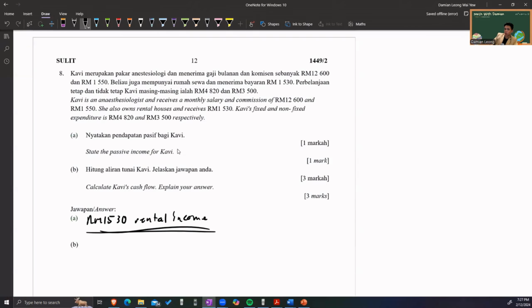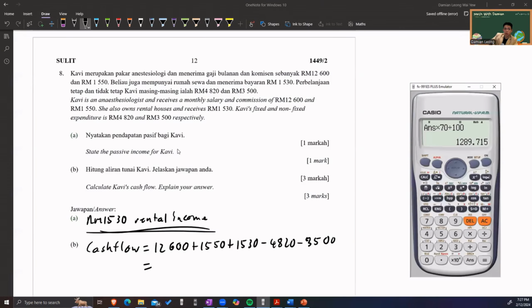calculate her cash flow. Her cash flow means the total income. Cash flow: 12,600 salary, 1,550 commission, 1,530 passive income, minus the fixed expenditure 4,820 minus 3,500. You can bracket these two and plus also.